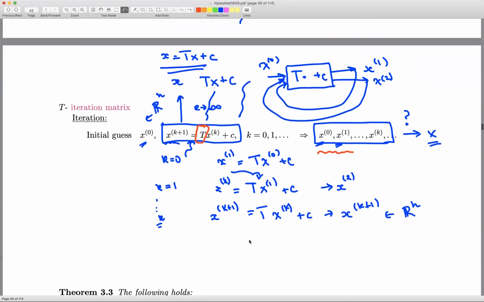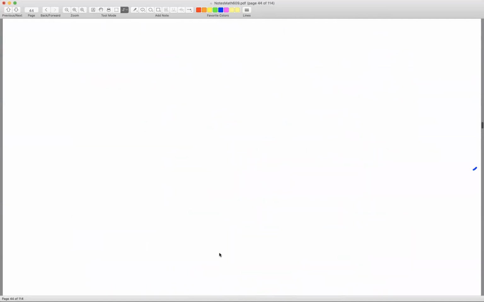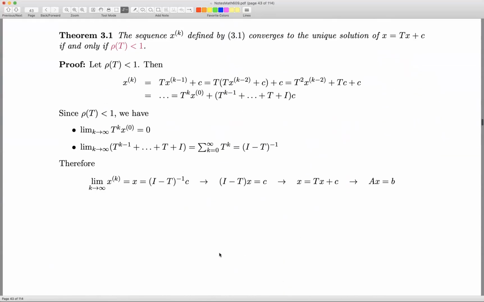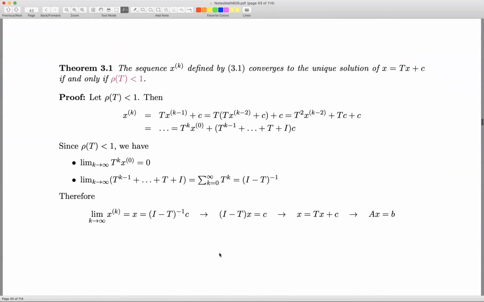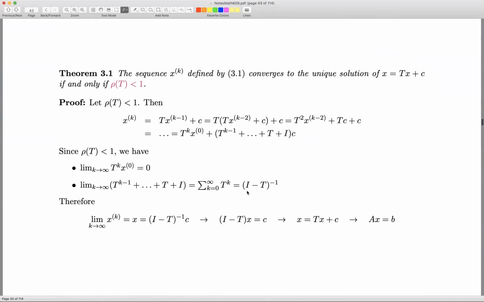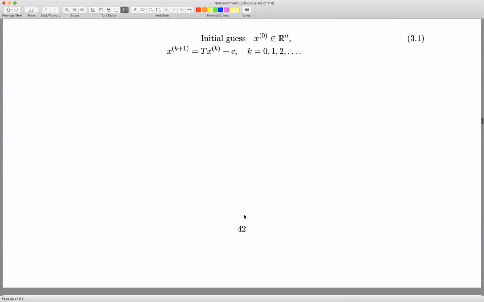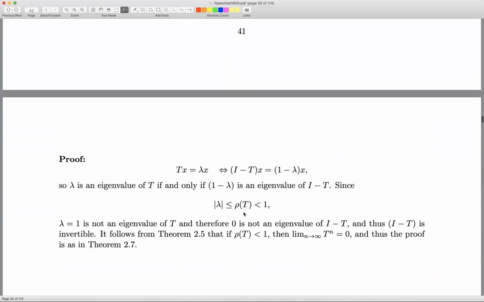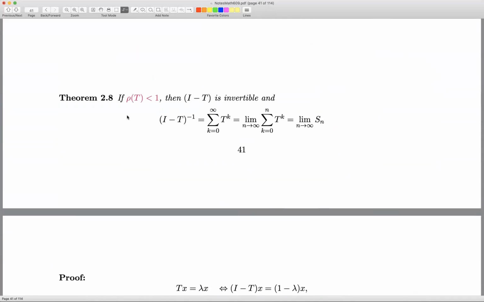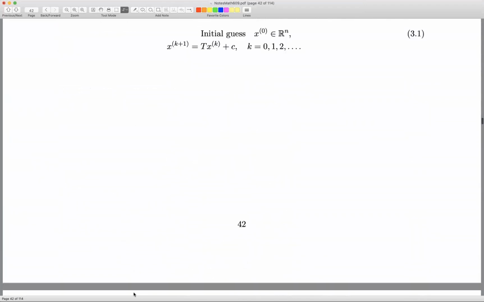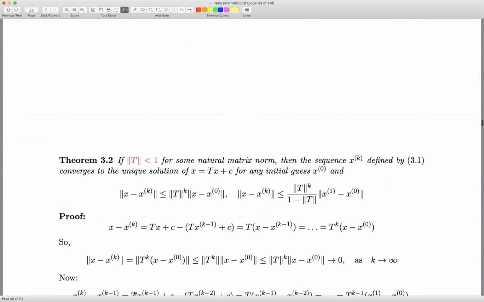Let's go back to one of our theorems from last time: if the spectral radius of T is less than 1, then I minus T, identity minus T, will be an invertible matrix. And it was discussed here.